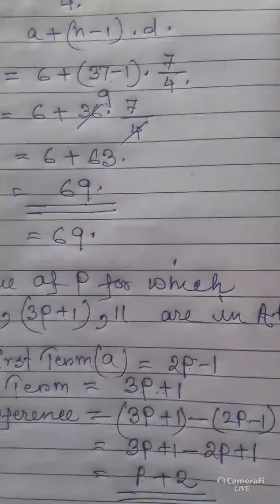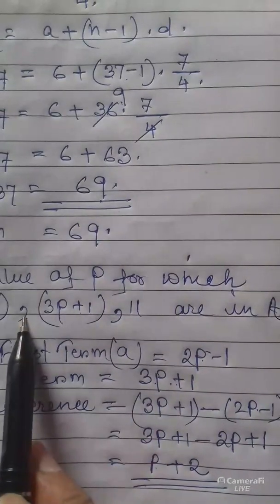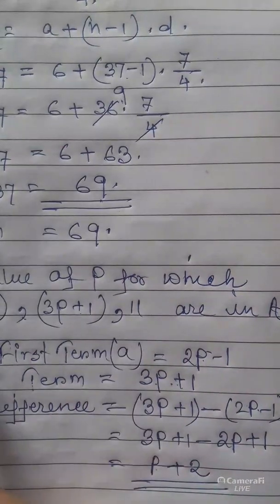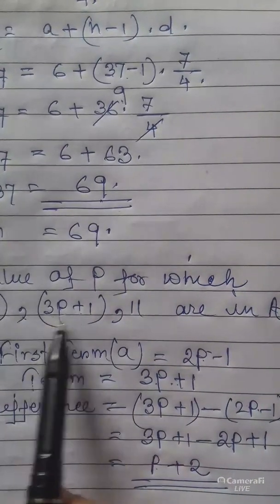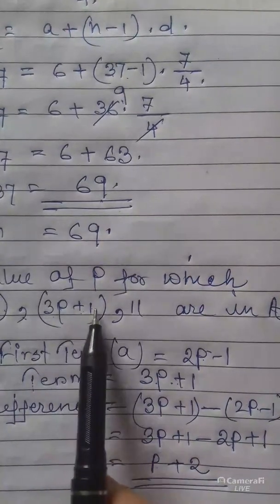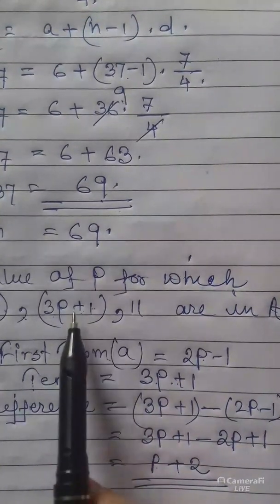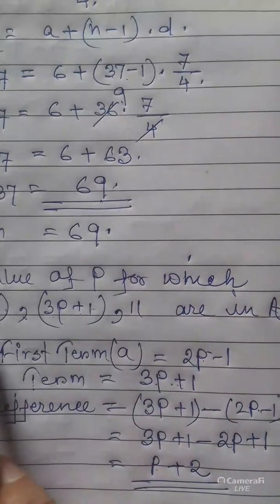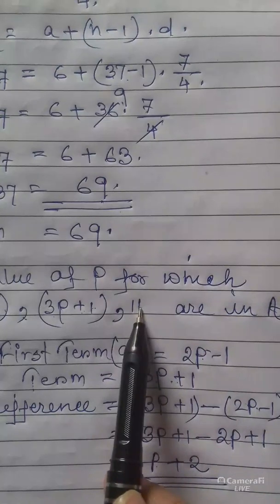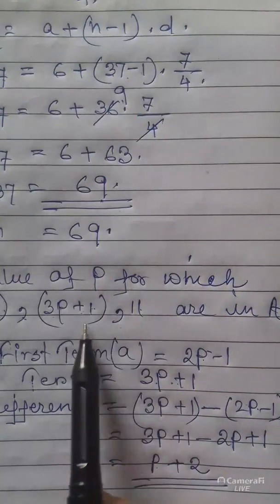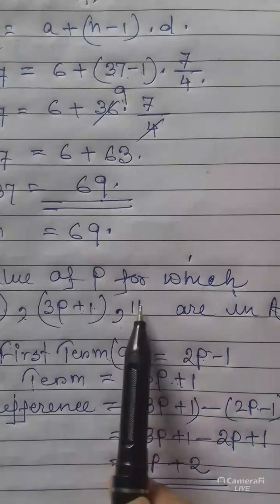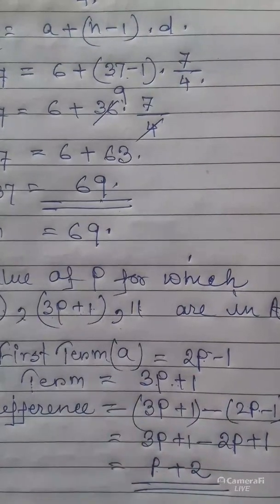But we know that in AP all common differences are constant. So first we take 2P minus 1 and 3P plus 1, where 2P minus 1 is the first term and 3P plus 1 is the second term. Therefore, common difference equal to second term minus first term. Now we take 3P plus 1 and 11. Here common difference equal to 11 minus 3P plus 1, means third term minus second term.